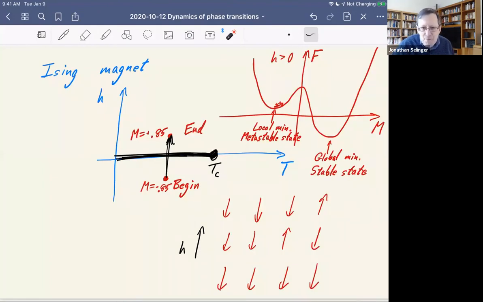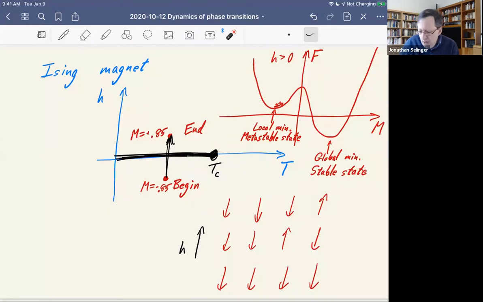Not just a small fluctuation that is making a little change in the magnetic order parameter, but a big fluctuation that takes you all the way over the barrier. The way that can happen is if multiple spins flip all at the same time.